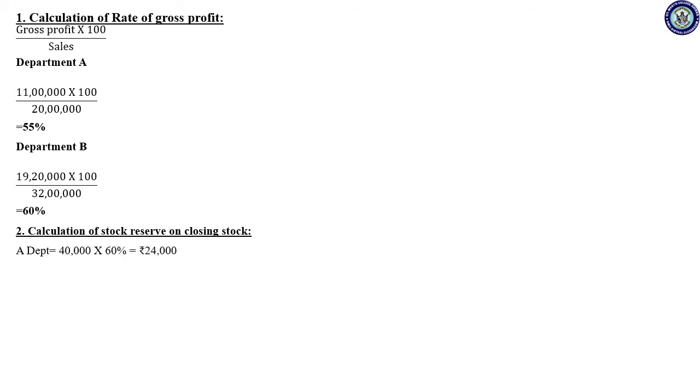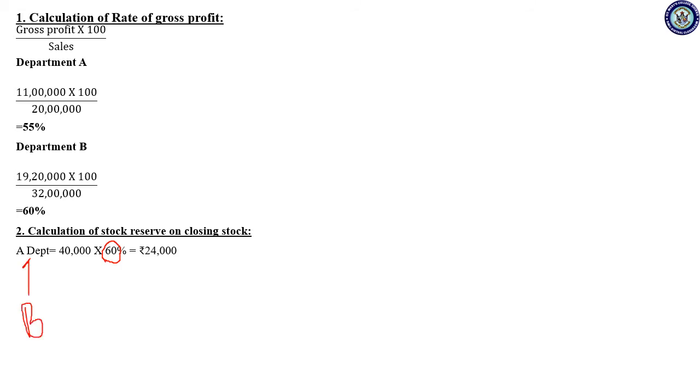That is now for department A. What is the inter-transfer amount that is included in the closing stock of department A? See adjustment number 1. It is 40,000. And what is the rate? Now you have to take the rate of department B, because for inter-transfer to A, B supplied the goods.